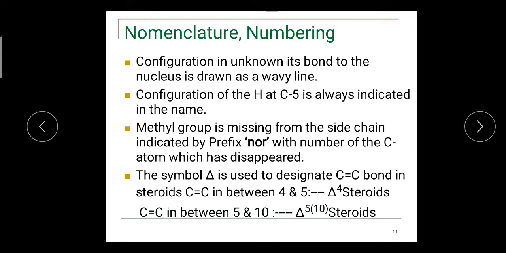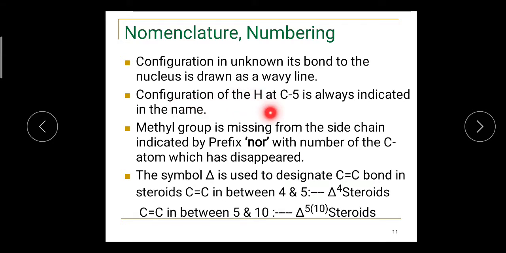If the configuration is unknown, its bond to the nucleus is drawn as a wavy line. As you have earlier seen, if it is a solid line, then it is beta configuration, and if it is a dotted line, then it is alpha configuration. If the configuration is not known, then it is denoted by a wavy or zigzag line.